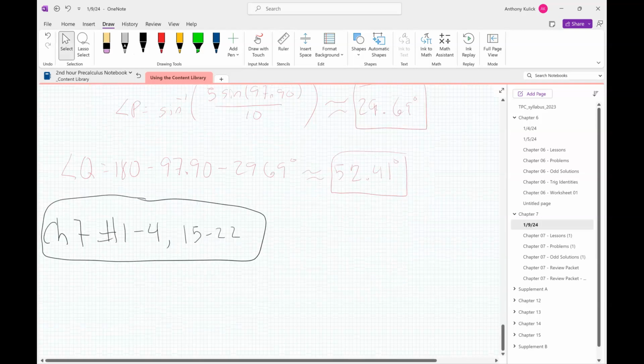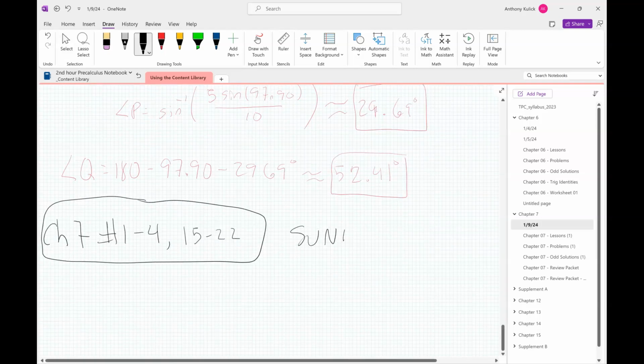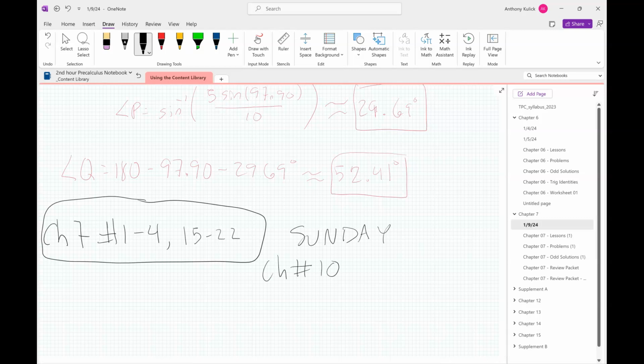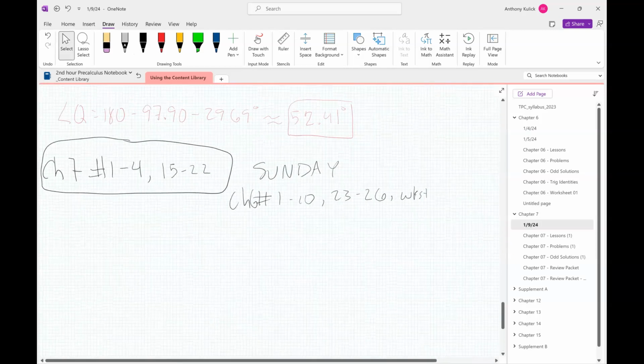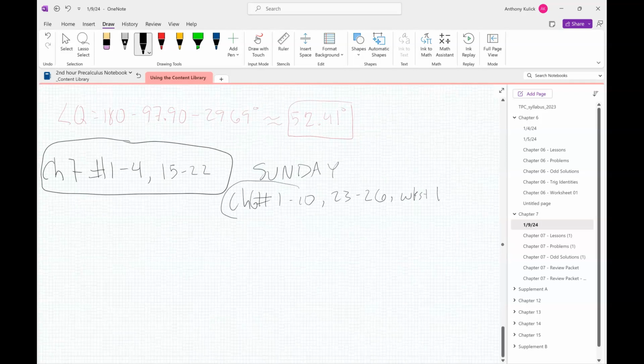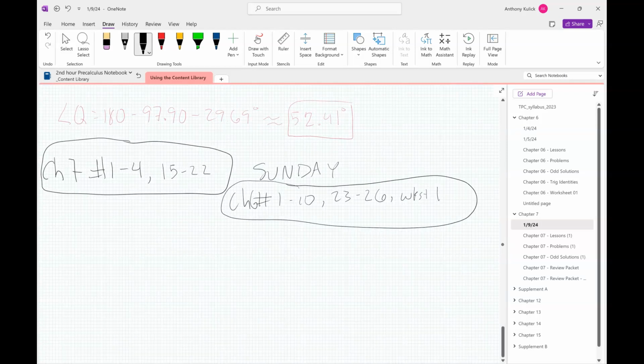So for Sunday, we got this, and then we have chapter 6, 1 through 10, and then 23 to 26, and then worksheet 1. That will be Sunday stuff that I'll be looking for.